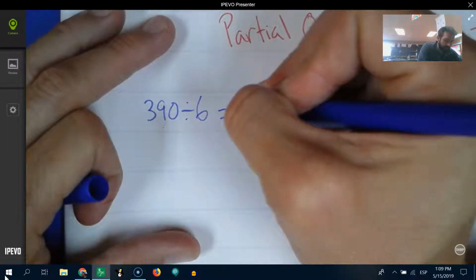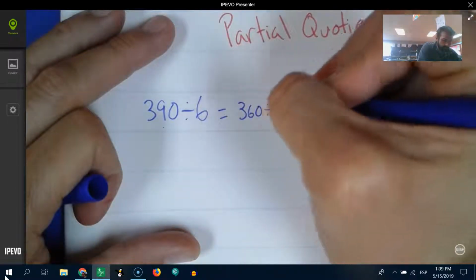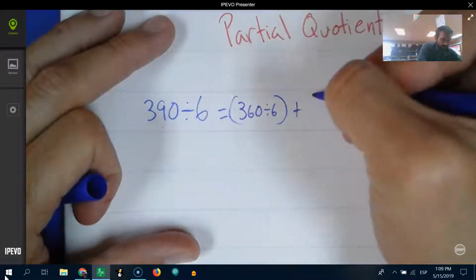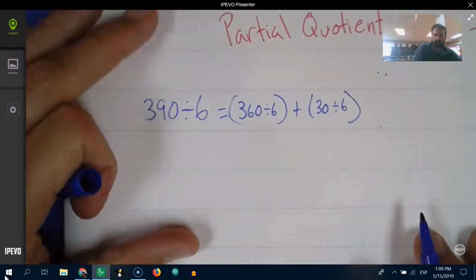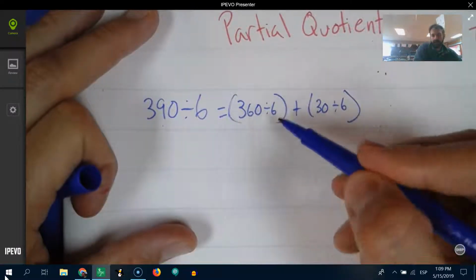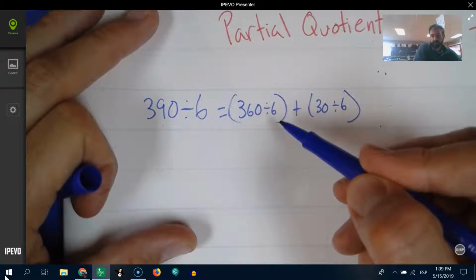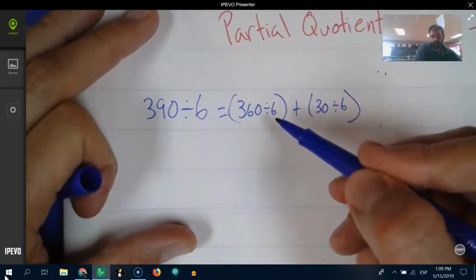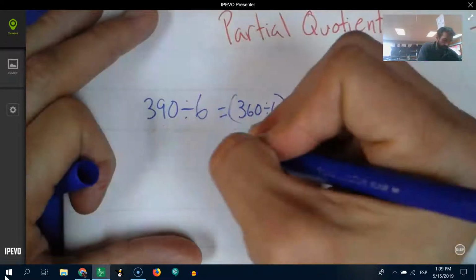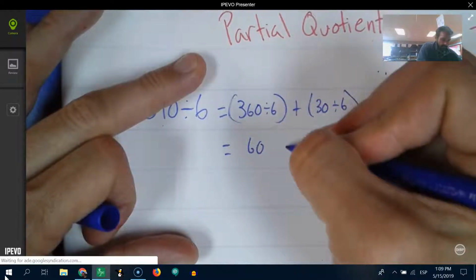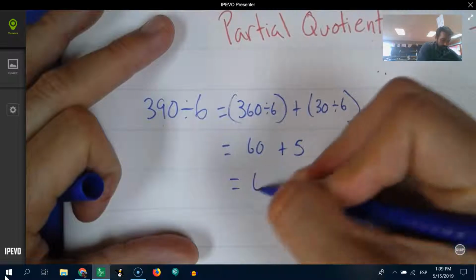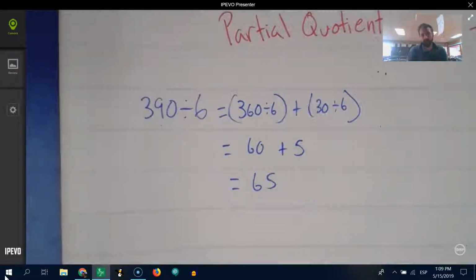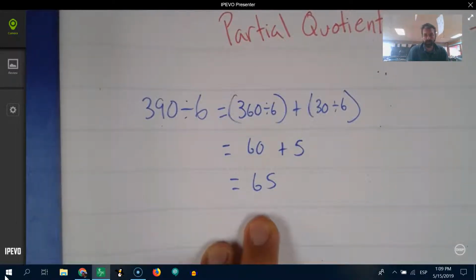So I can change this to 360 divided by 6 plus 30 divided by 6. And how does that help me? Well, I know 6 times 6 is 36, so that should be 6 times 60. So that's going to give me 60. 30 divided by 6 is 5. So because of the distributive property and because of breaking everything down, 390 divided by 6 is 65.